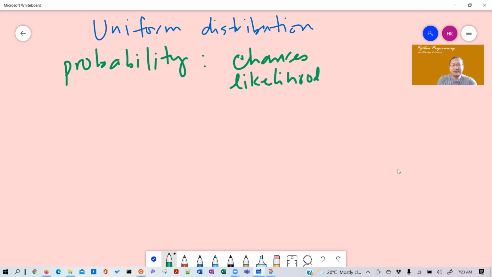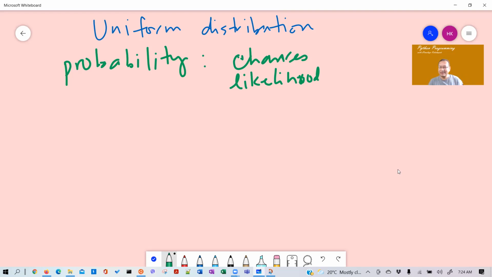By the way, modern science is all based on probability. I don't know how much you realize that. Everything in the modern world is probability.